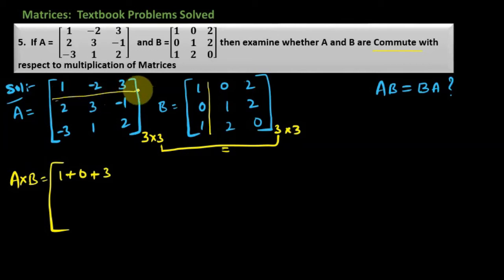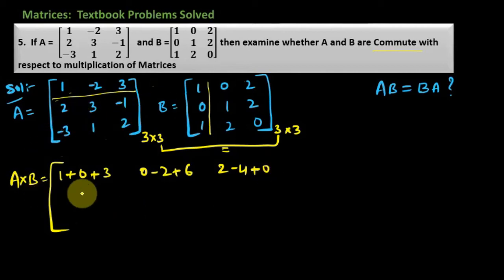Same, fix this first row and multiply with the second column elements. So 1 into 0 is 0, then plus minus 2 ones is minus 2, then 3 into 2 is plus 6. Now the last element, 1 into 2 is 2, then minus 2 into 2 is minus 4, then plus 3 into 0 is 0, right?